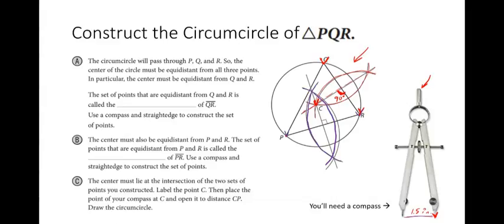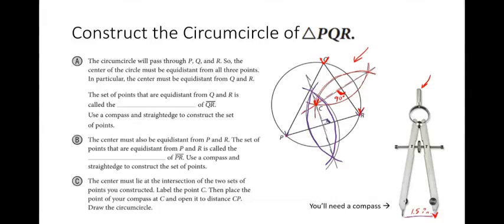Again, make sure you're keeping your compass at 1.5 inches in distance from the pointy end to the pencil part of your compass. And you should successfully draw your second one. Again, you only really need 2 perpendicular bisectors to find your circumcenter. So again, you should be drawing this line right here.